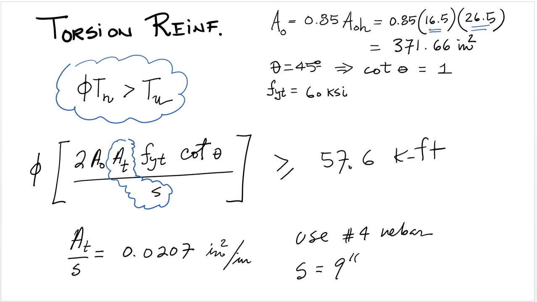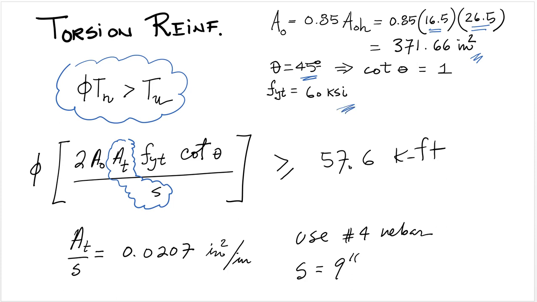That leads us to an A0 of 371.66 with cotangent of theta equal to 1, given that theta is 45 degrees because the beam is non-pre-stressed, and the yield stress for steel is 60 ksi.